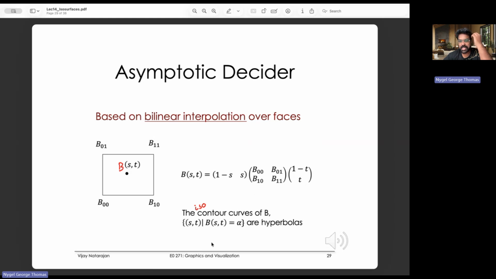So for any s and t inside the grid, you can get the corresponding scalar field value as B of s,t, obtained by this bilinear interpolation.